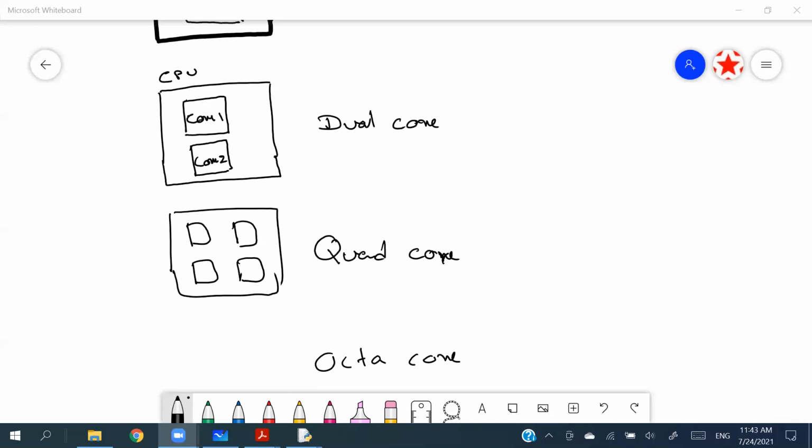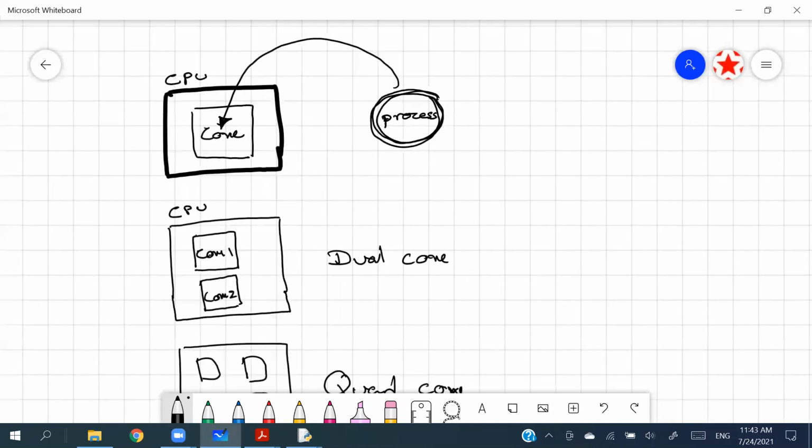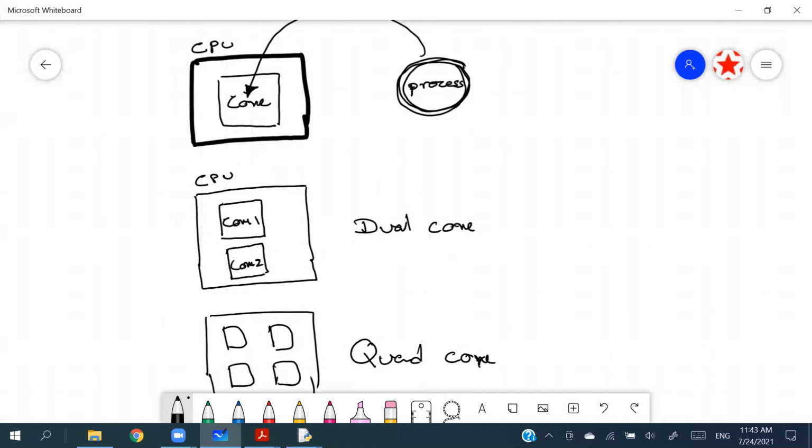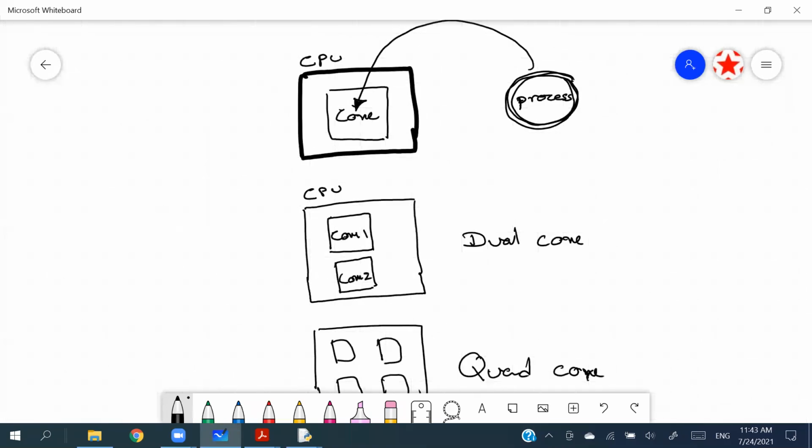Right. So when the processor is developed onto these particular architectures, the same process has the ability of running inside the CPU by being divided into pieces, right? So the same process will be executed by both the cores.